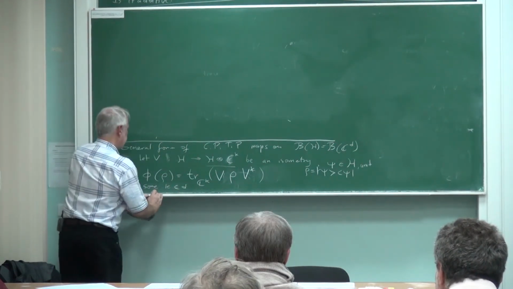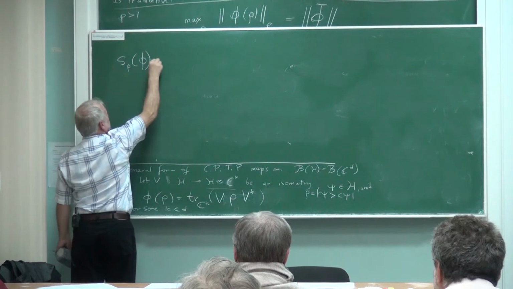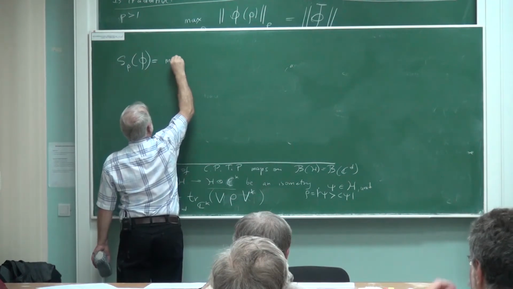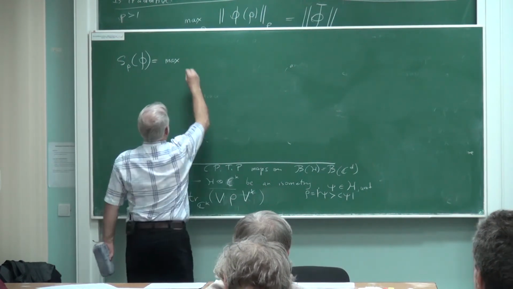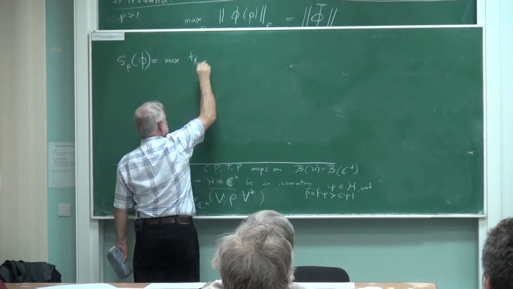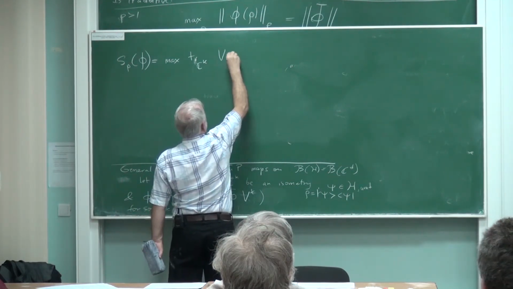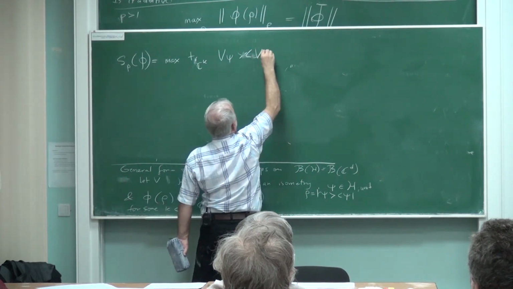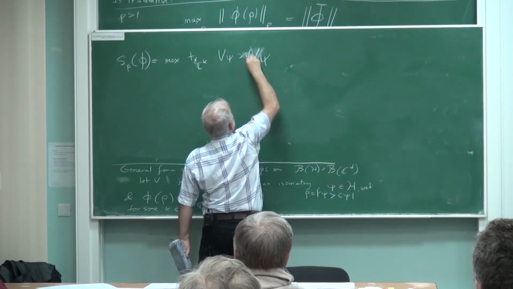So this is S_p of phi of this psi, which will be the maximum of what you have to do here: you have to look at the partial trace with respect to the second factor here of V psi tensor V psi. Maybe I should write it as V psi star.